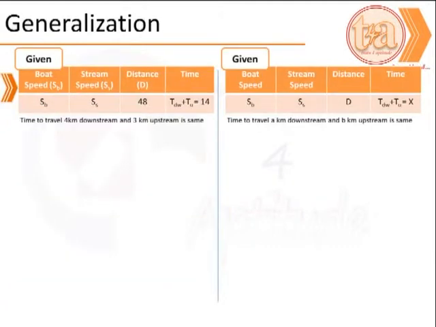To be able to generalize, we assume the speed of the boat is SB, the speed of the stream is SS, the distance one way is denoted by D, and the information, that is the time to go downstream plus the time to go upstream, is X. It is also given that the time to travel A kilometers downstream and B kilometers upstream is equal.